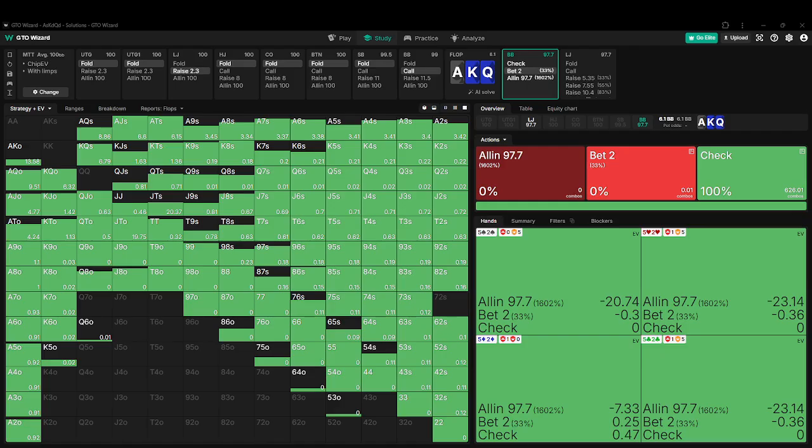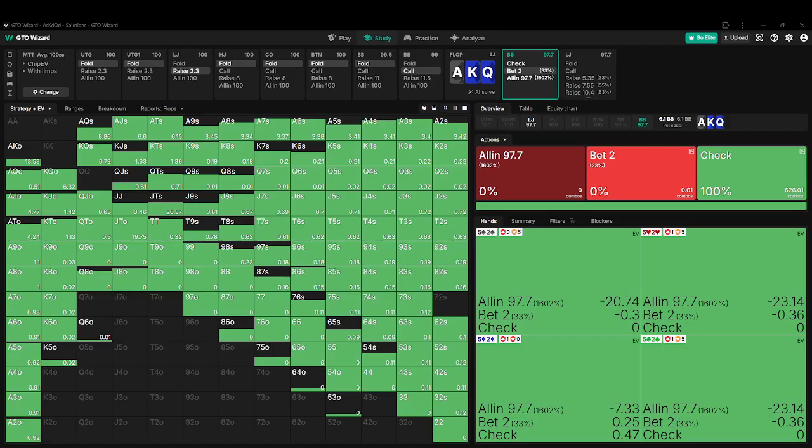Obviously, there are some limitations to the coverage here. For example, we're only looking at it with 100 big blind stacks and not say 60 or 40 or 20. And we're only looking at it from middle position versus big blind and not other positions, like versus a small blind, or if you're in early position, button or cutoff.